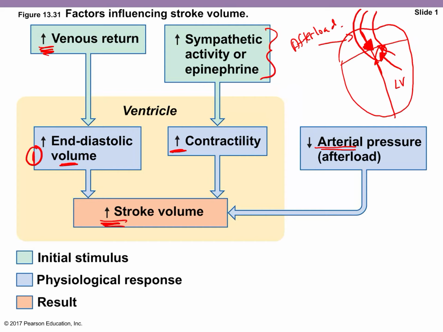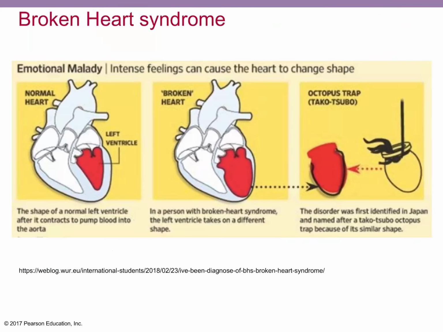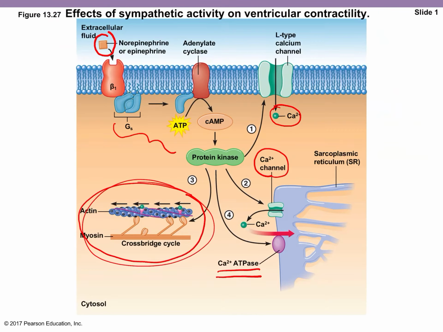Contractility, which is how forcefully we can contract those muscle cells, has to do with, again, just calcium inside the muscle cells, having more myosin heads bind to actin and having a more forceful tension on each muscle cell. And then, again, the arterial pressure or afterload.